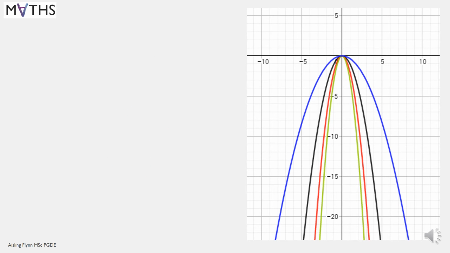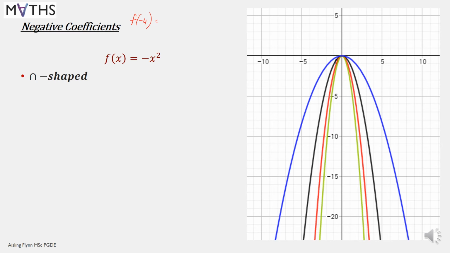Okay, so now we're going to look at a couple of functions which have negative coefficients. So f of x is equal to minus x squared, and that's the black function we see here on the graph. Okay, and the effect that the minus has is that it turns it upside down. So if your input is minus 4, f of minus 4 will be minus from the function, and then your input minus 4 is squared.